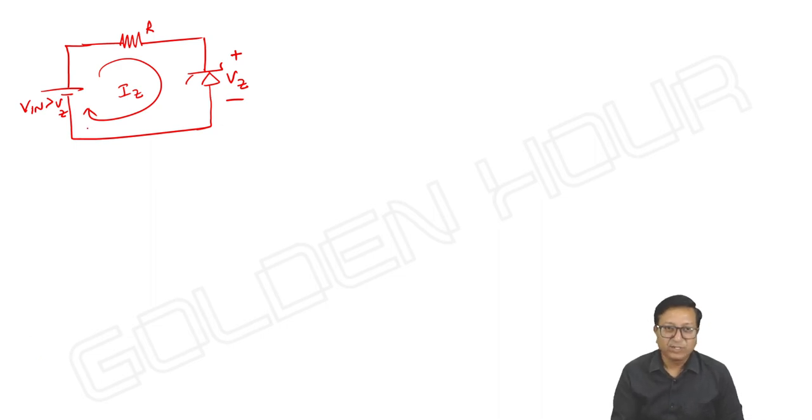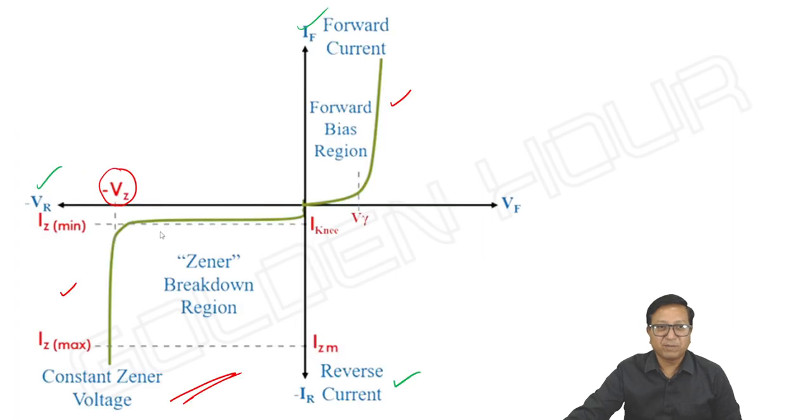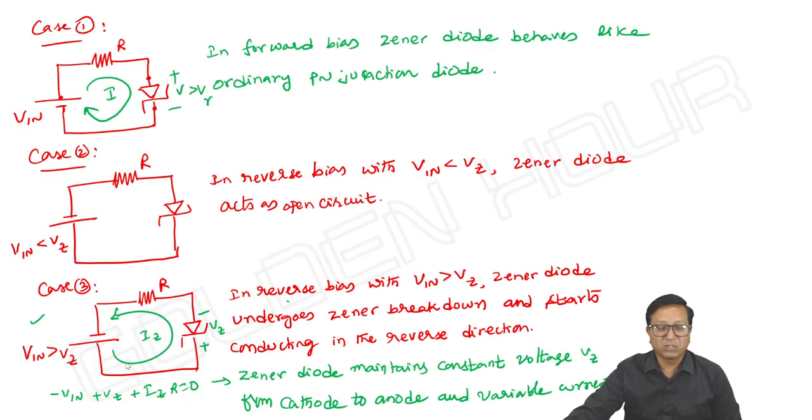You may be thinking it's a positive supply, but I changed the direction of the Zener diode, so the cathode is connected to the positive terminal and the anode to the negative terminal of the supply. If I take the loop equation here, minus V input plus Iz into R plus Vz is equal to 0. This equation and the previous equation are one and the same.